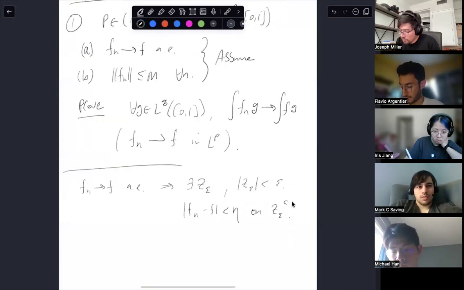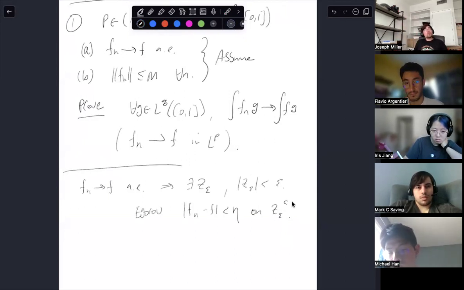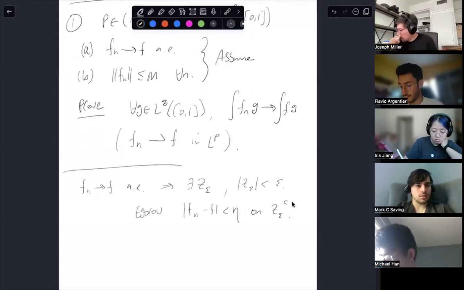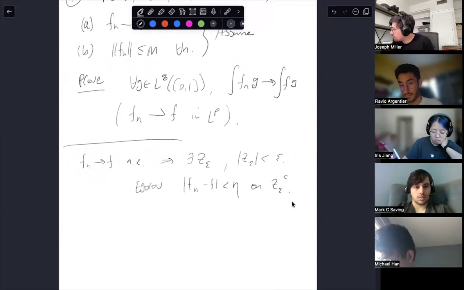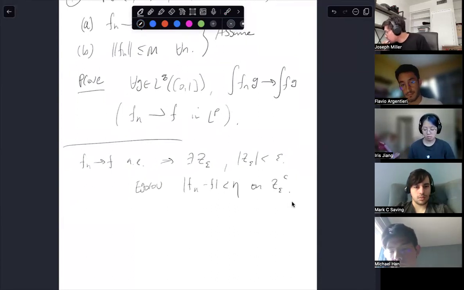Right, so this is Egorov. So pointwise convergence of measurable functions is, up to some small measure set, uniformly convergent. So I know this first. Let me think. Do I even do that?